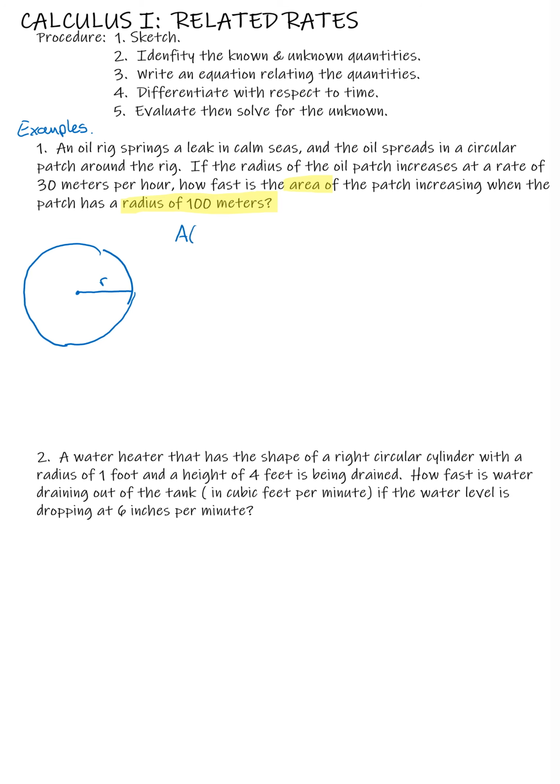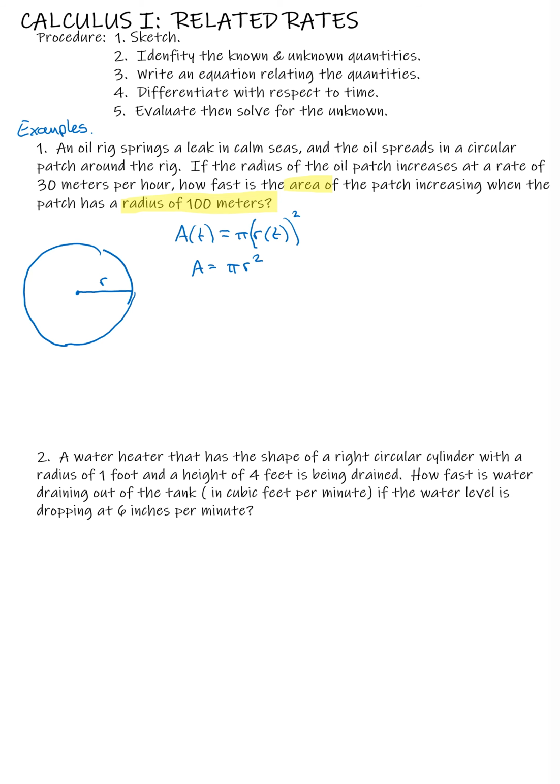As a reminder that these are functions of time, I'm going to write A(t) equal to pi times the radius, which is also changing with respect to time, and that radius is squared. Now, in practice, we will consider this as A = pi r squared. I just wanted to remind myself that both area and the radius are changing with respect to time.